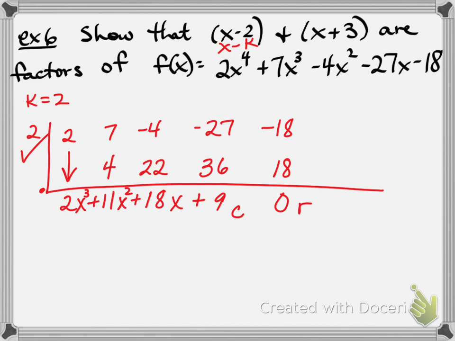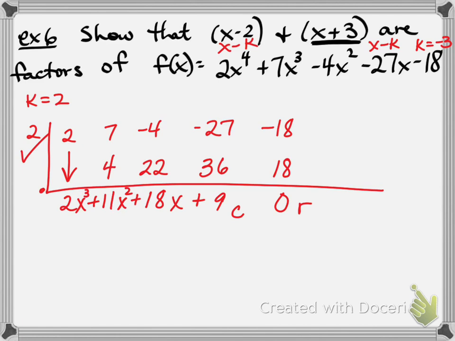Now, you have options. You can completely repeat the process with the other factor, knowing that it was x minus k, so k would be a negative 3. Or we can start here with where we were.